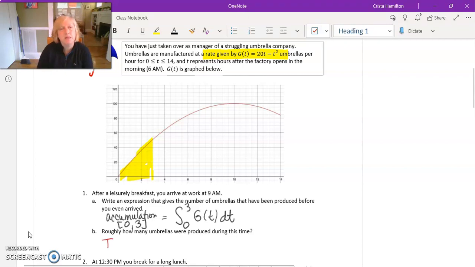It's actually going to end up being a triangle, because we're going to take g of 0 here, and then calculate the height here, which would be g of 3. We'll use those and calculate the area under the curve.